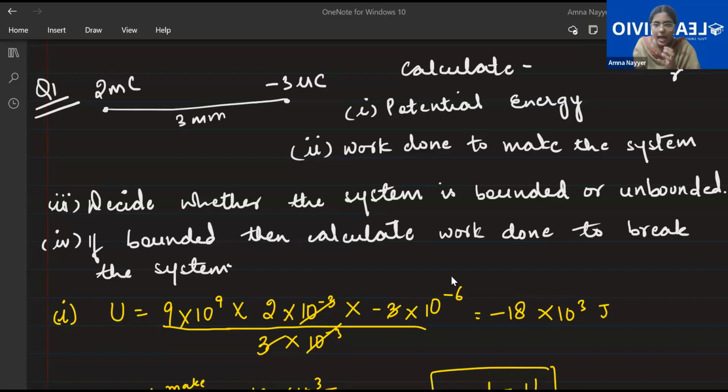Make the system means Q1, Q2 you are bringing from infinity. Breaking means you are sending them back, Q1, Q2 and all, back to infinity. So work done to break the system is negative of work done to make. Work done to make the system was minus 18 into 10 to the power 3. So negative of this will be plus 18. Right.